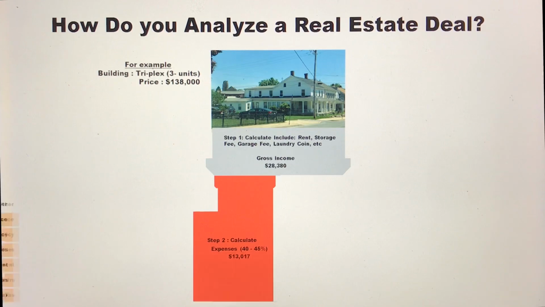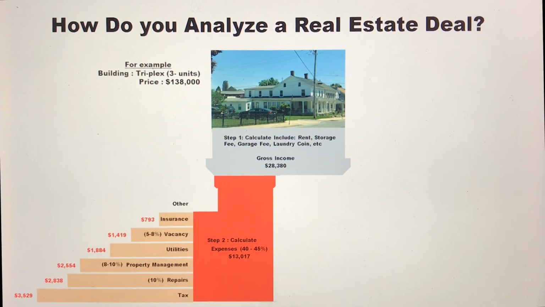In this particular example, they did provide us the actuals regarding expenses related to this property. The first one was insurance. It is what it is, whatever number they provide you is what you use.